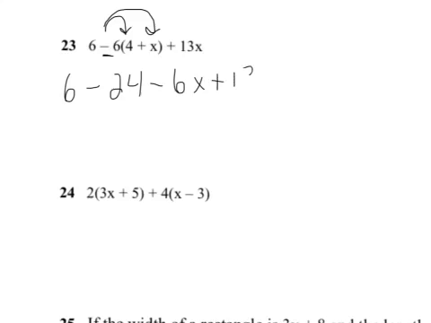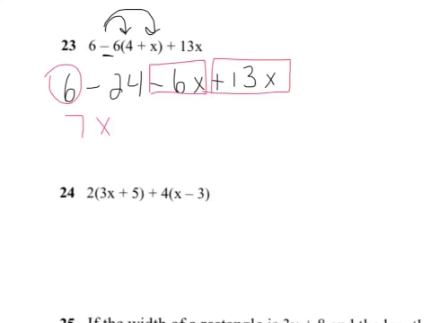And then plus 13x. We will combine like terms. I have negative 6x plus 13x. Leaves me with 7x when I combine them. And then I take the constants. So I have positive 6 added to a negative 24. Leaves me with negative 18.